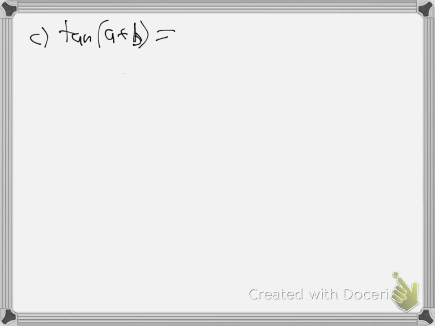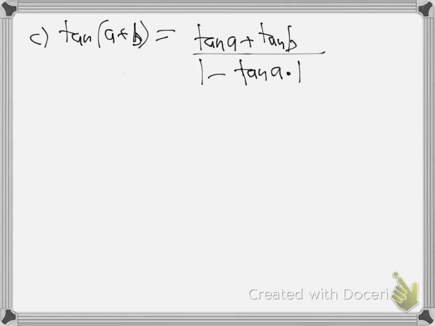It's the whole special formula, which is tangent A plus tangent B over 1 minus tangent A times tangent B, right? Is that good like that? So the sign on the top is the same, and the sign on the bottom is the opposite, so that's all good.